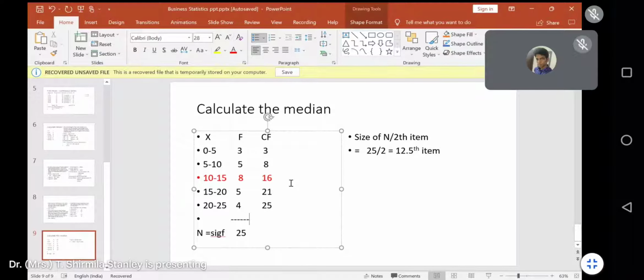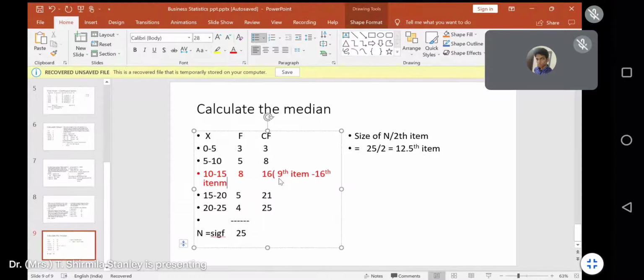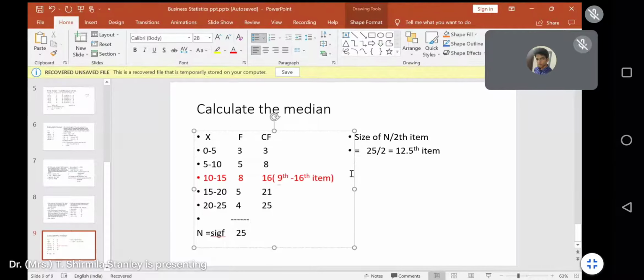We have now located our median with the help of this. So 12.5th item will lie here because 9th to 16th item is found in this particular class.